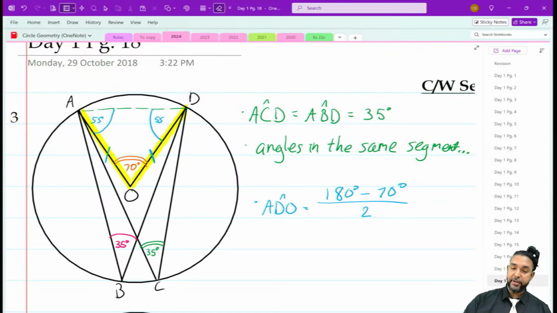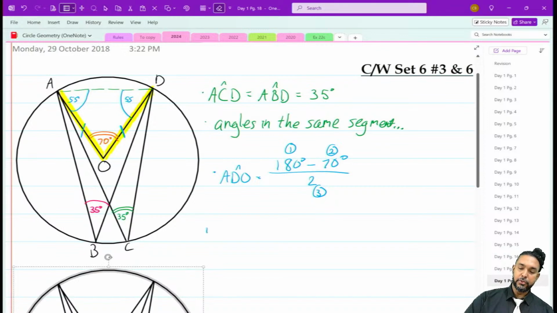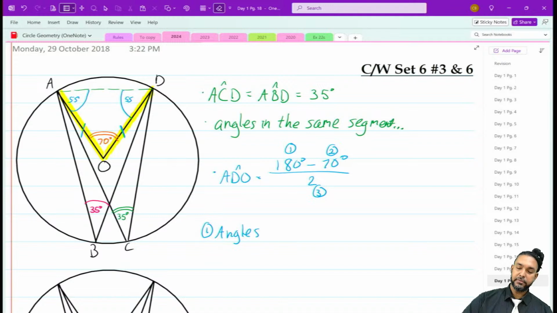So we have three rules here. So we call this 1, we call that 2, we call that 3. So rule 1 is that angles in a triangle sum to 180 degrees.